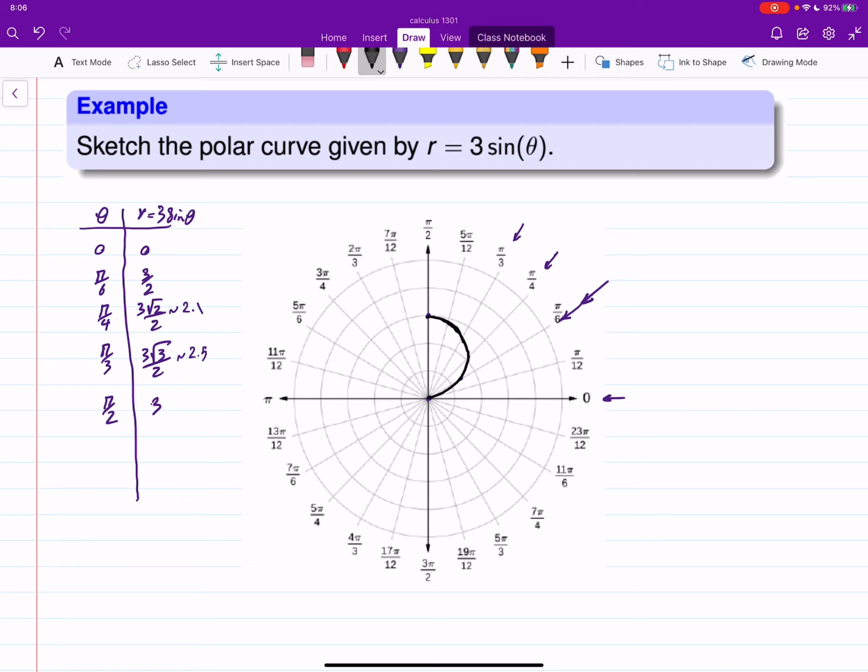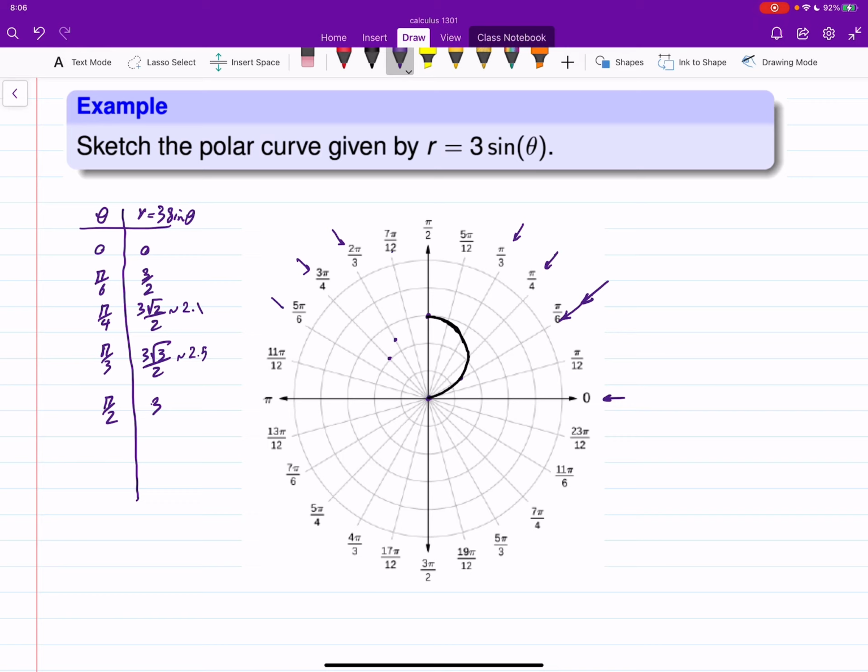And then I can continue a little bit more. Actually, the way this works is that I put 3 pi over 2. This will give me something here about this point. And then for this one, I will get about 2.1.